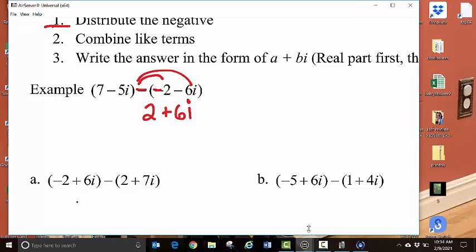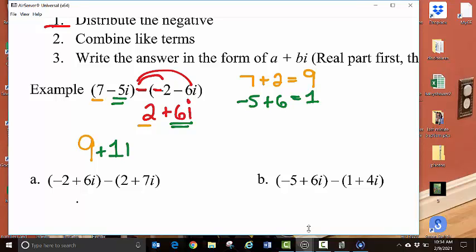And now it says combine like terms. 7 plus 2 is 9, and negative 5 plus 6 is 1. So I have 9 plus 1i. Distribute the negative after the first minus, change all the signs, and then combine like terms.